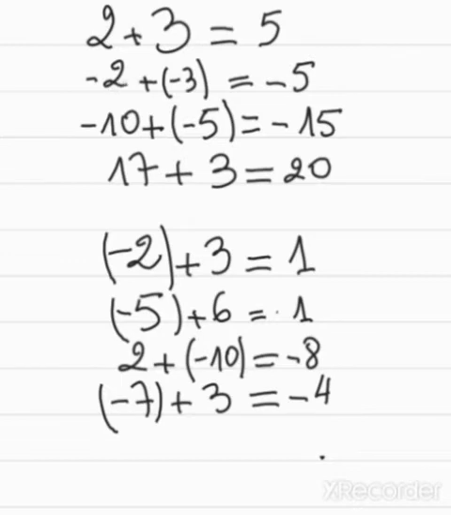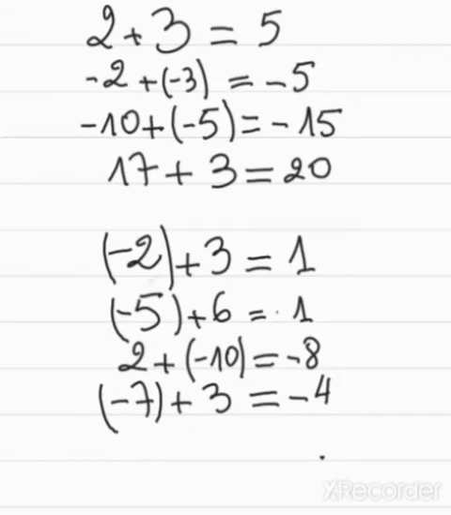Losing $2 and then losing $3 is losing $5. Losing 10 and then losing 5. Losing after losing is always losing the sum of the losses, which is 15. Here winning and then winning is winning the sum, which is 20.